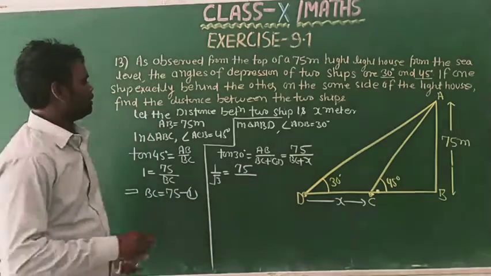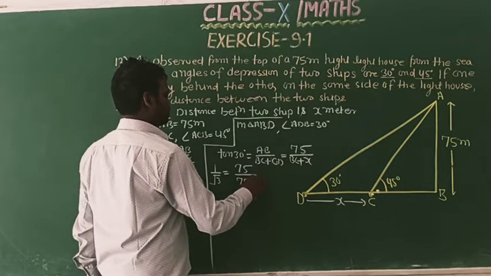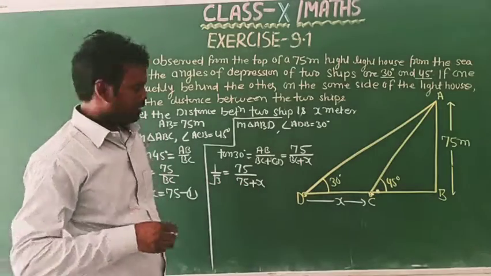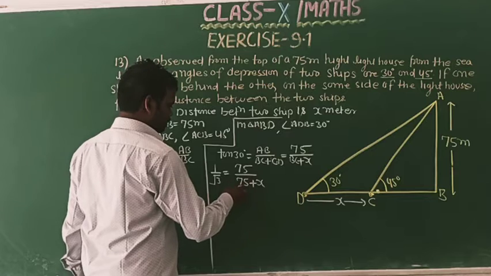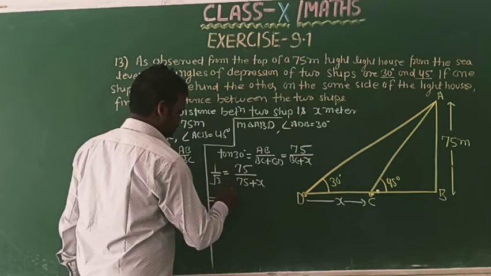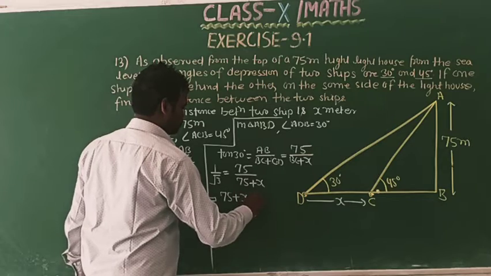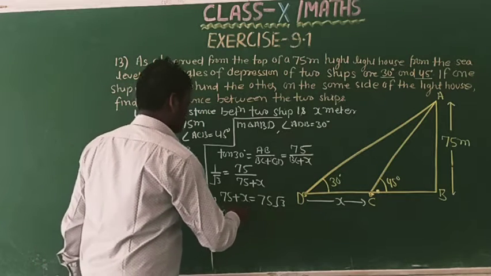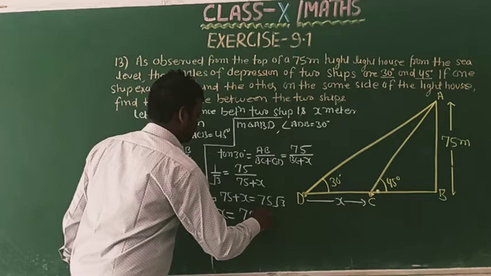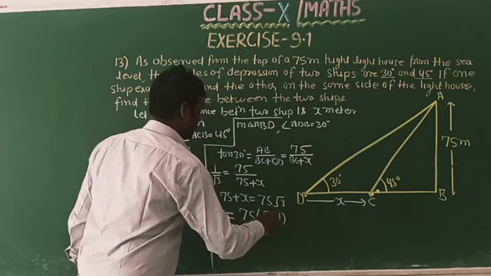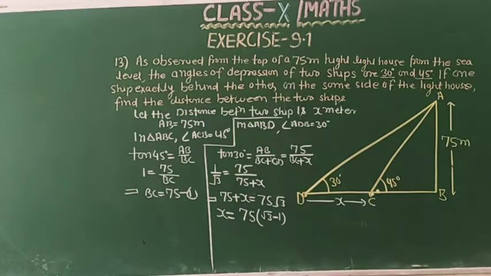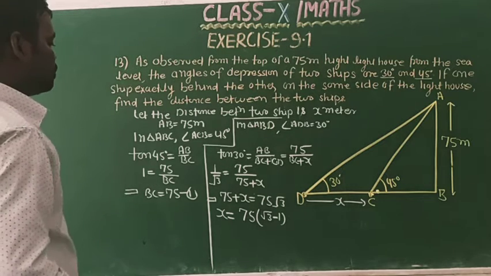Here BC is 75 meter, so it is 75 meter plus X. Now we cross multiply, so this becomes 75 plus X equal to 75 square root 3, and X equal to 75 square root 3 minus 75, that is 75 times root 3 minus 1.